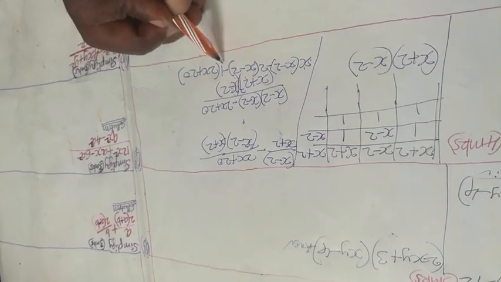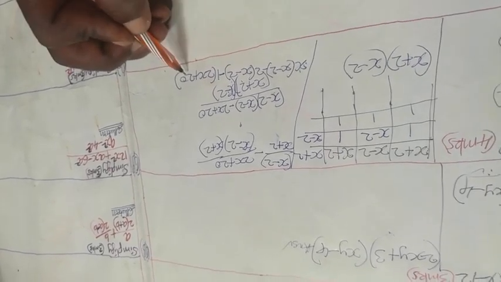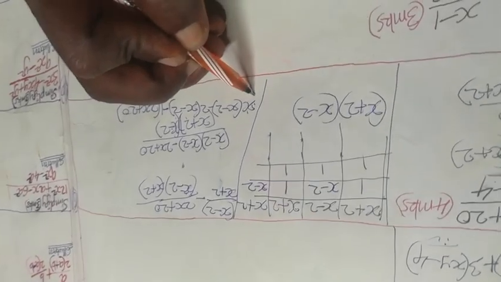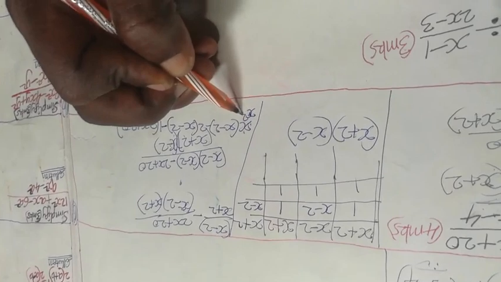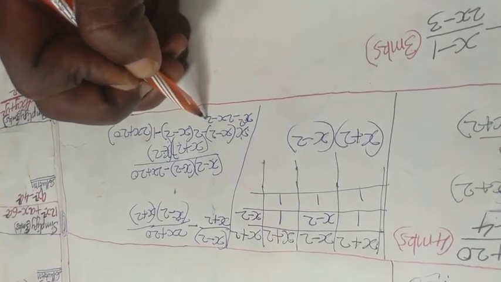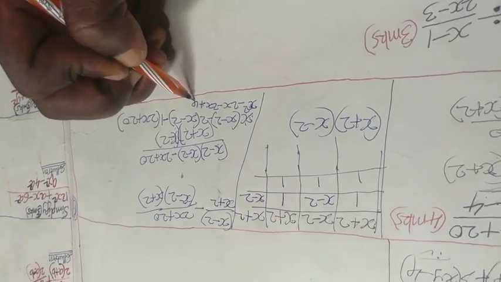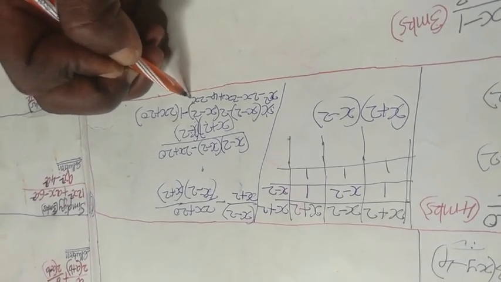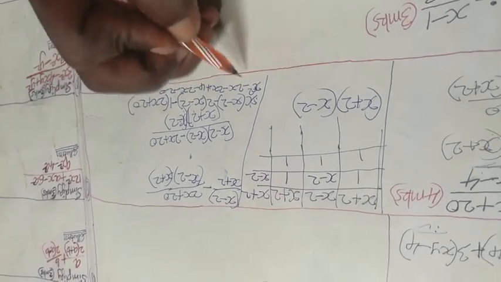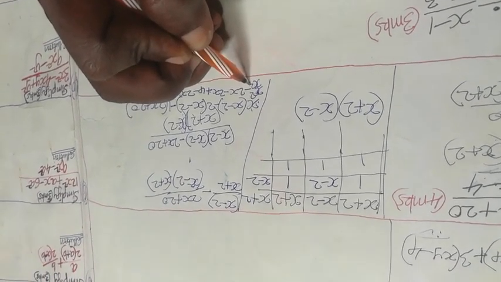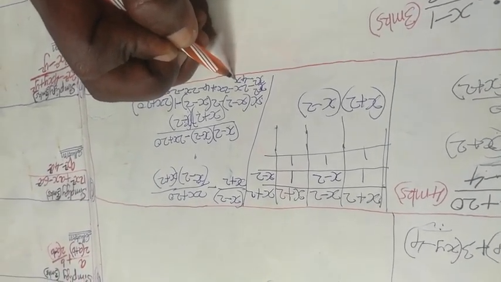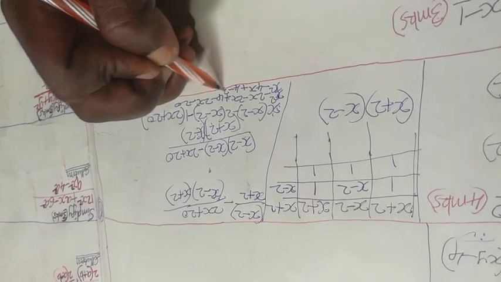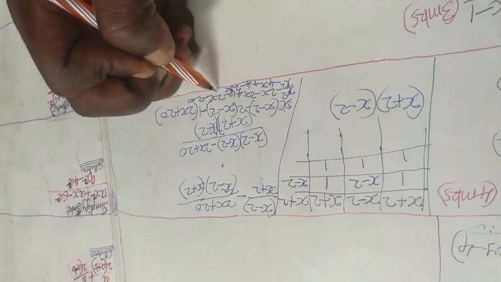Now, 1 is multiplied through here. -1 is multiplied through this part, which will finally be x squared minus 2x minus 2x plus 4 minus 2x minus 20, which will give us x squared minus 4x plus 4 minus 2x minus 20.